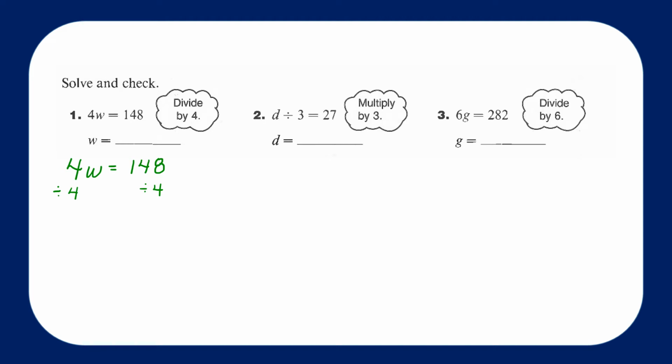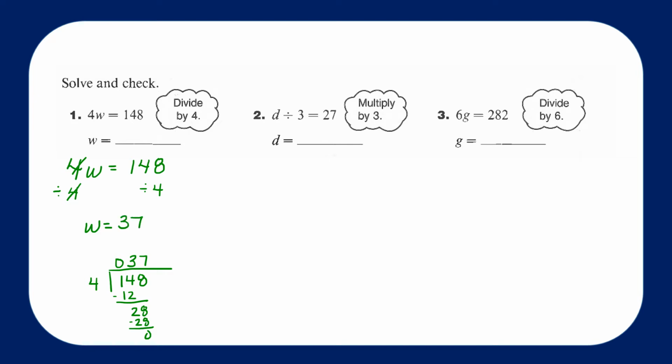So divide by 4, cancels each other out, and w equals 148 divided by 4. And I'm just going to show you the work as we go through just so that you know. So the answer is 37.